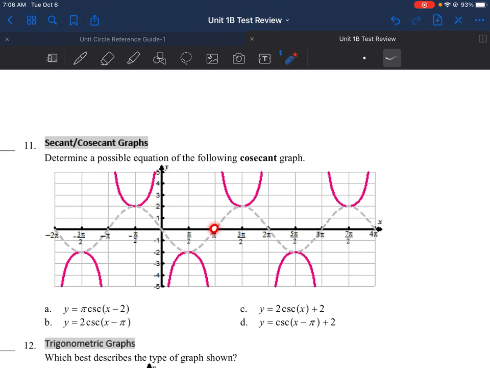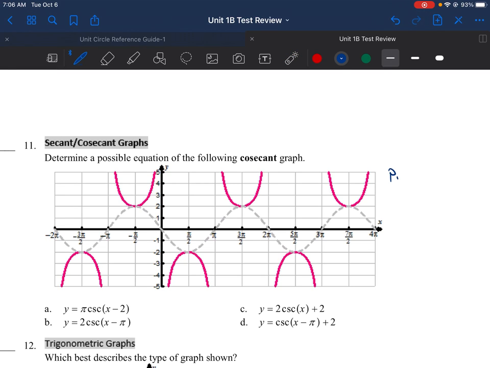So notice if I look at this part right here, well, this part starts to ascend and then descend. So if I took this point, notice that from 0, 0, if I shifted to the right by pi, I would be here, and then we can see our typical sine curve. So it's looking like this cosecant graph has been shifted to the right by pi.